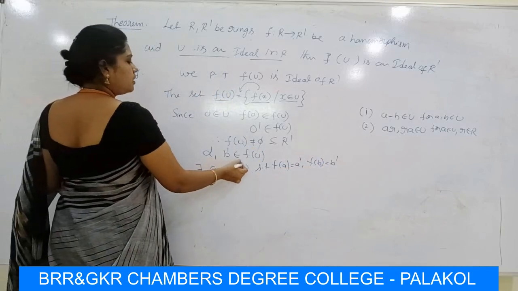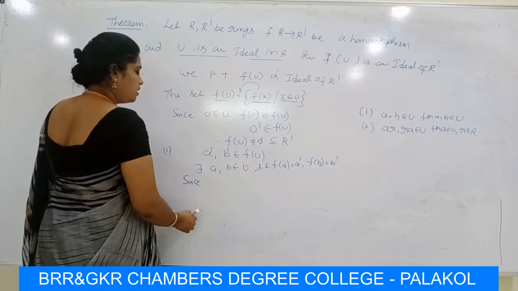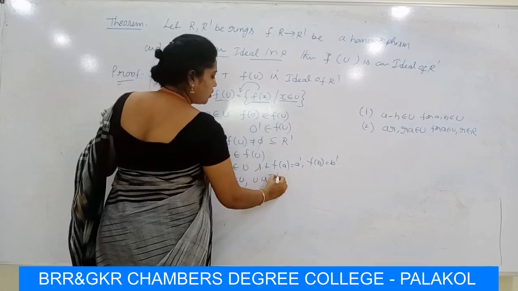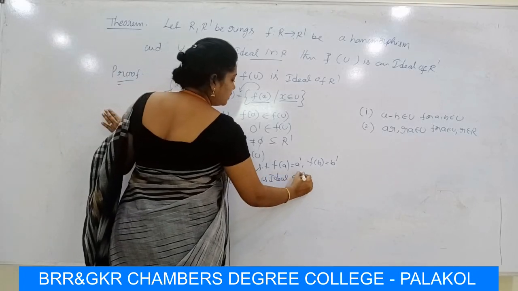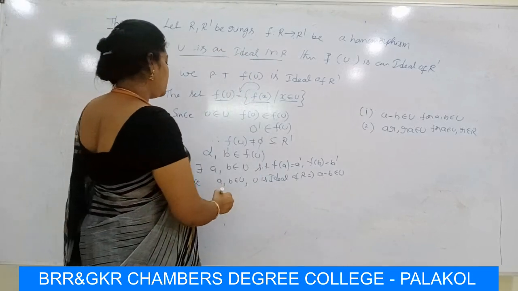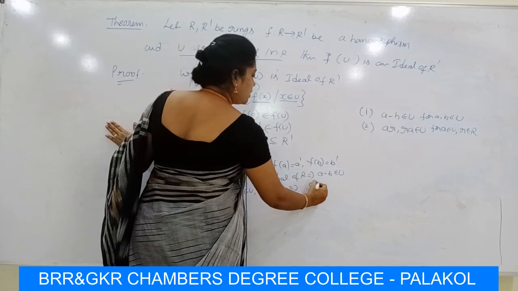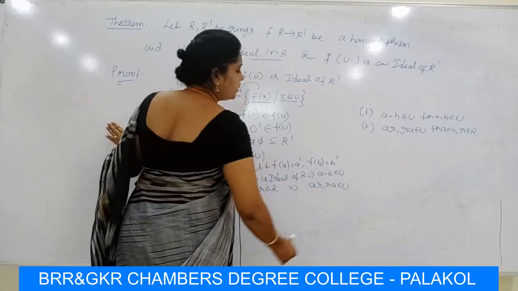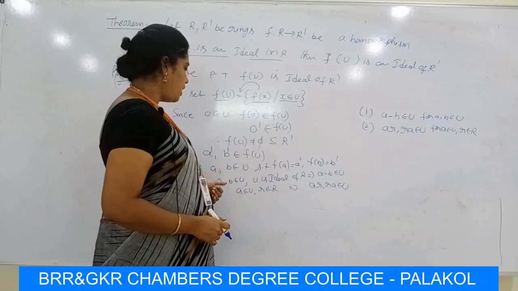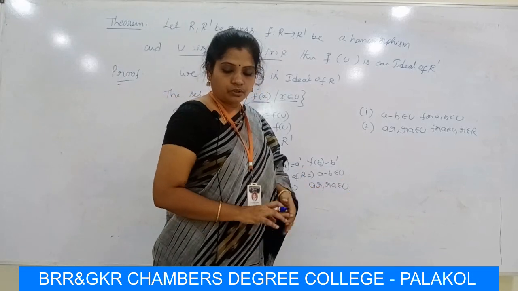Now here a, b are elements of U and U is an ideal in R. Since U is an ideal, the first condition is that a minus b belongs to U, and the second condition is that if a belongs to U and small r belongs to capital R, then ar and ra belong to U. So we have, by U being an ideal of R, that a minus b belongs to U and a r, r a also belong to U.